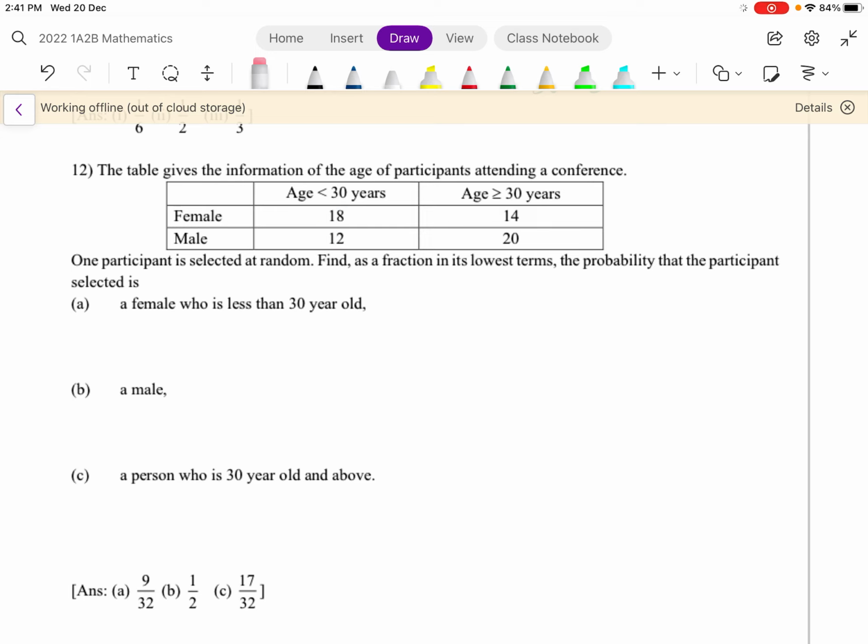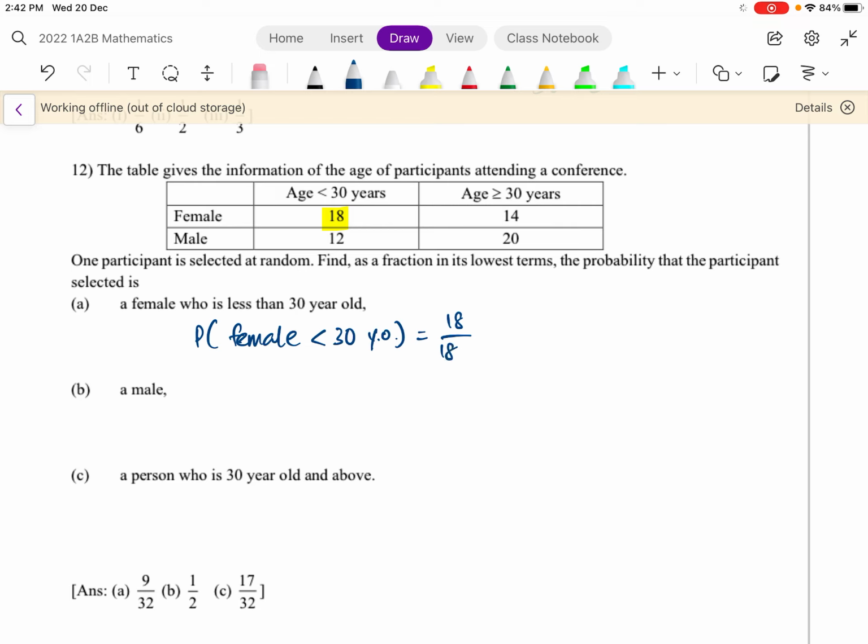Okay, so now we understand what's happening over here. One participant is selected at random. Find the probability that this person is a female less than 30 years old. So the probability of female less than 30 years old is 18 out of the total number of people.